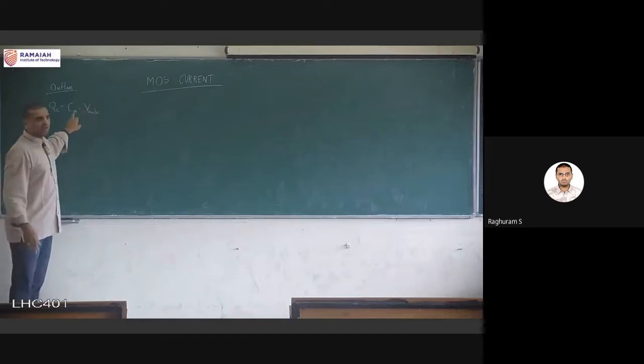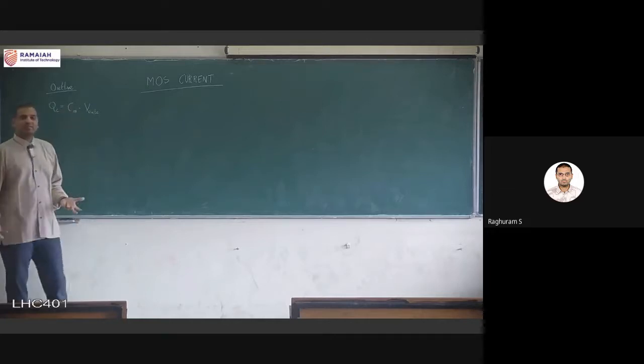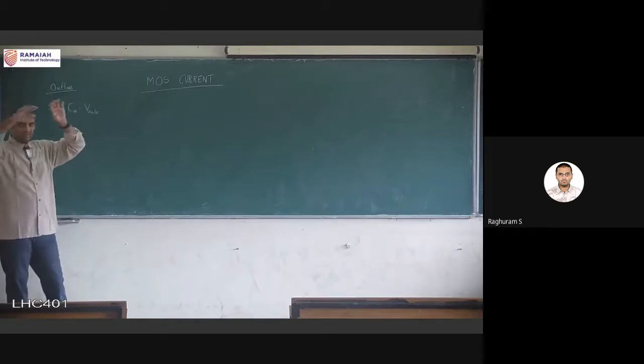In particular, Q_C, which is the channel charge, equals C oxide times the voltage. Now, where is this capacitance suddenly coming from? If you remember, the gate is separated from the substrate. Gate and the substrate are my two parallel plates of the capacitor, and in between those two is the oxide region.